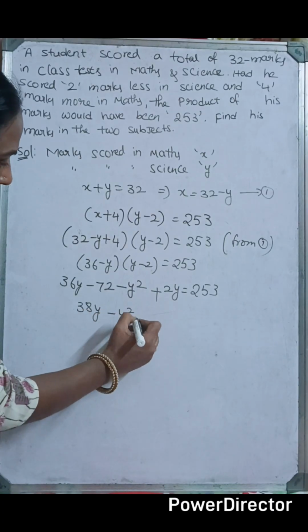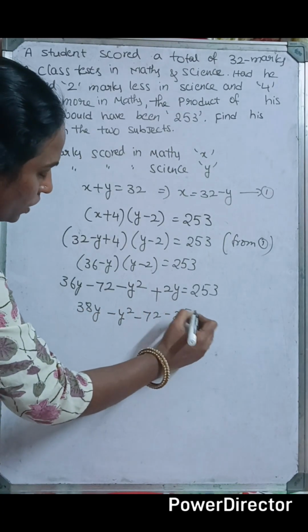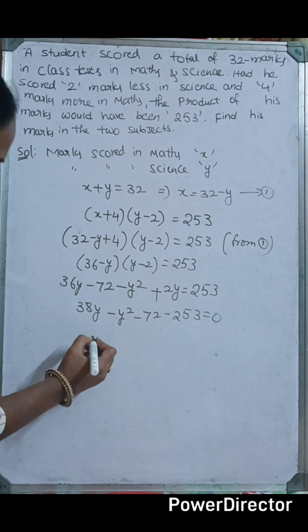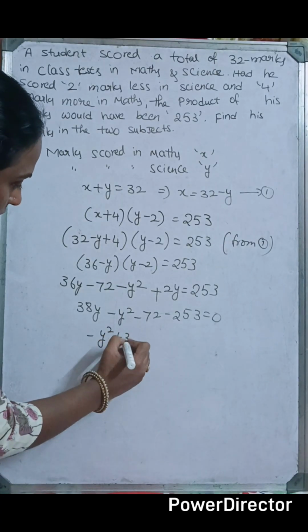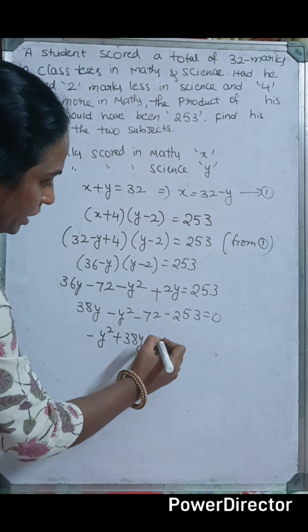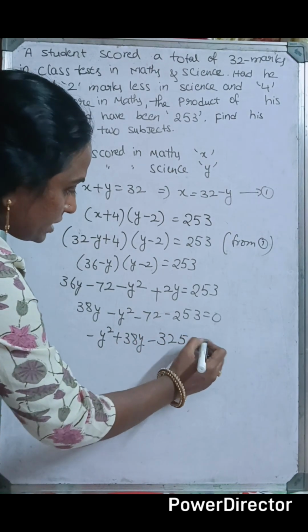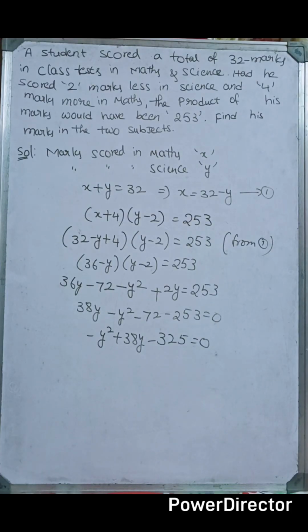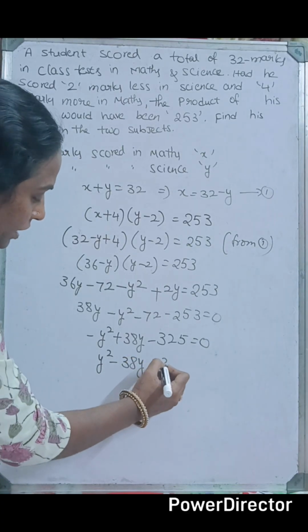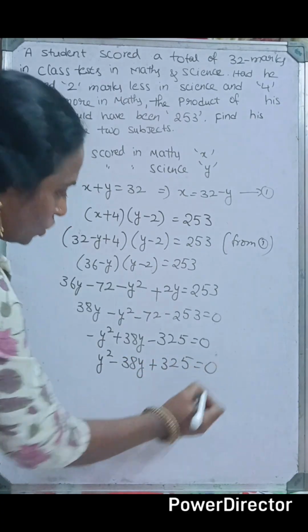Minus y square plus 38y minus 72 minus 253 is equal to 0, by transposing the value. Minus 72 minus 253 is minus 325. Let's take the minus as common: y square minus 38y plus 325 is equal to 0.